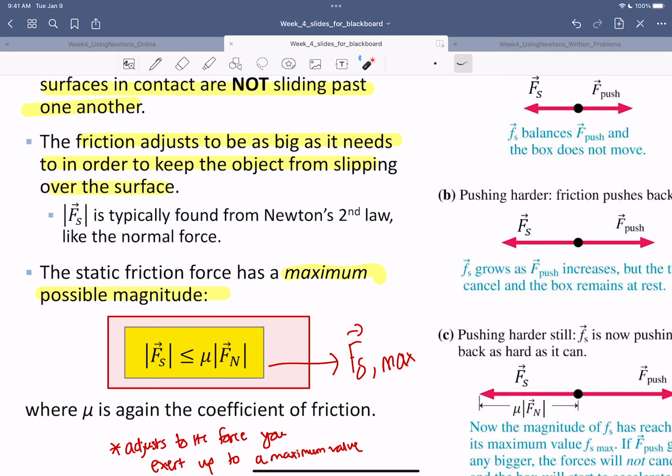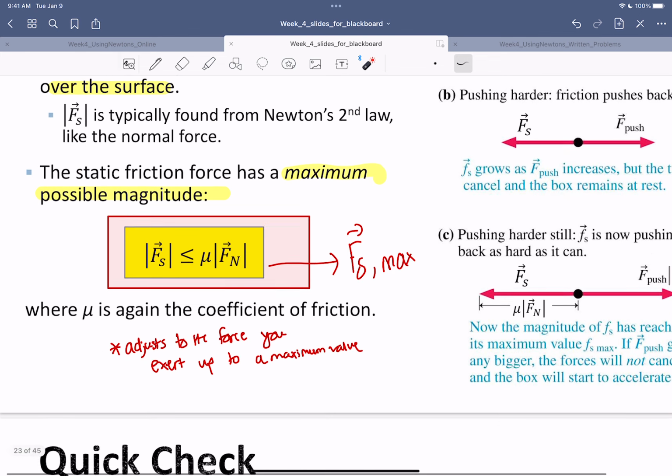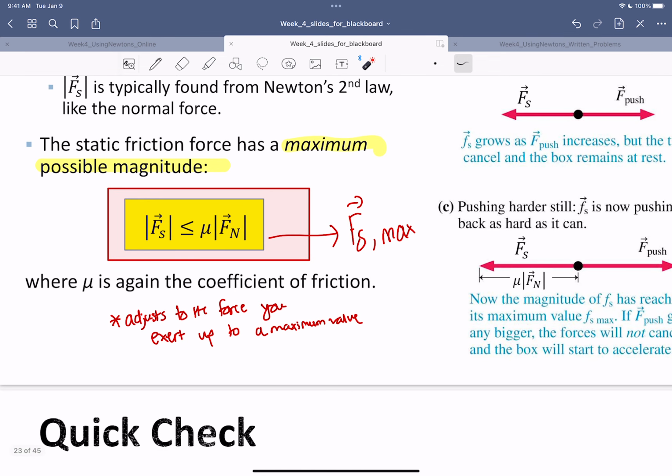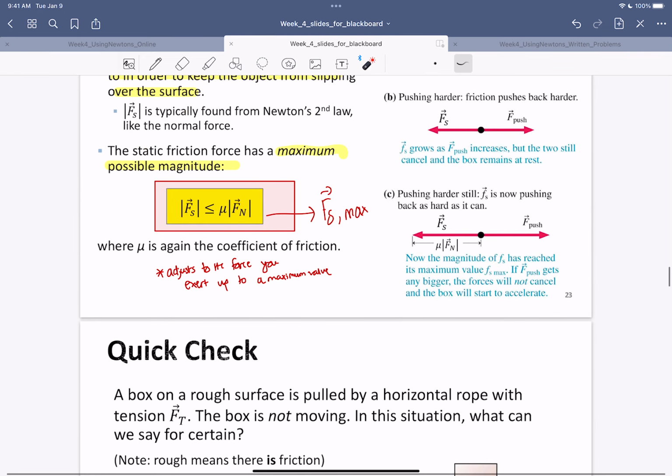And if I decrease the pushing force, I decrease the normal force, and that normal force decreases to a certain point. That's where the static friction force will have to increase to kick in and prevent the object from slipping. But yeah.